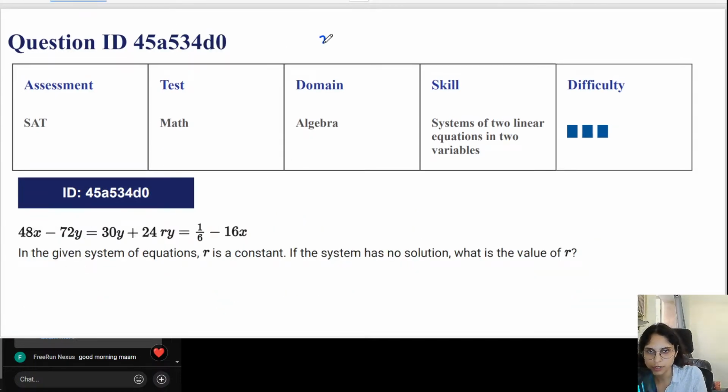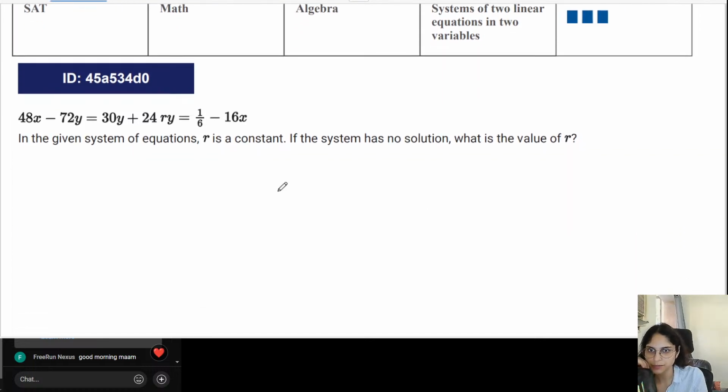Again, the system has no solution, so remove the constants and then just compare x and y. And before that, bring x on one side, y on one side.